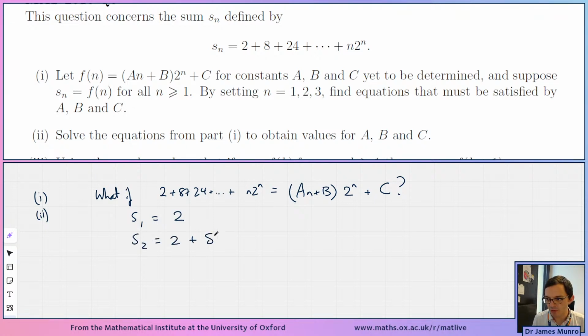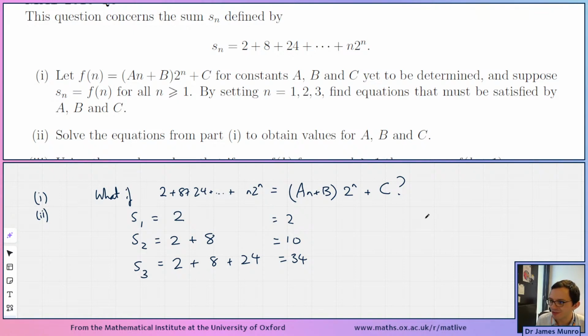This is kind of horrible. The idea is that S is the sum of the terms. So although it looks like it should be 2, 8, and 24, it's actually 2, 10, and 34, which I think catches out a lot of people trying to do this question, that you're supposed to be adding these things together rather than finding a formula for the general term, which also has a formula like this with A equals 1, B equals 0, C equals 0.